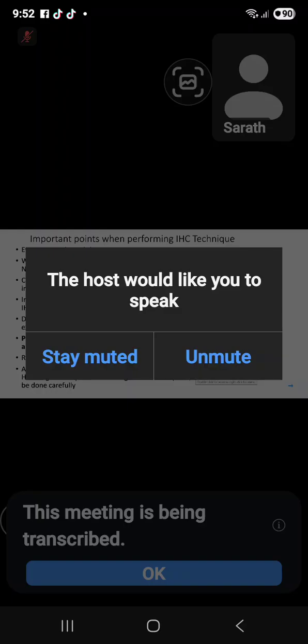Inadequate inactivation of peroxidase: sometimes tissue has peroxidase. That peroxidase binds to the chromogen and gives a wrong or side reaction. And cross-reactivity: the secondary antibody will come and bind to some other area in the tissue, not to the primary antibody. So these are the common errors in IHC.